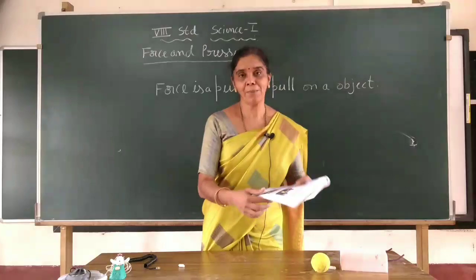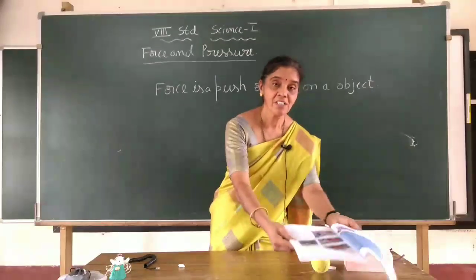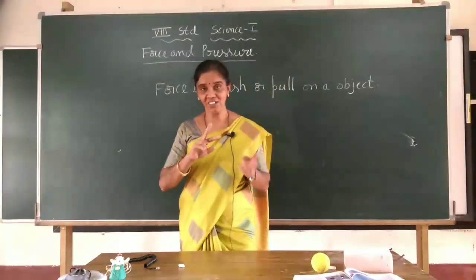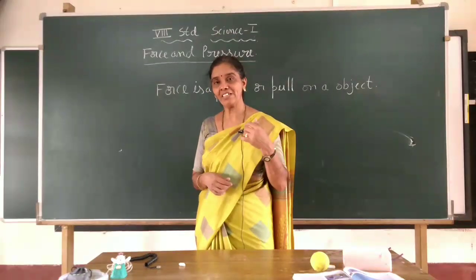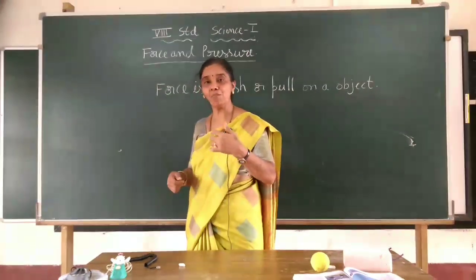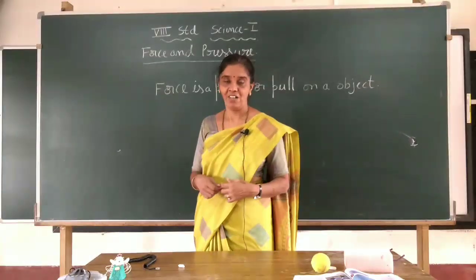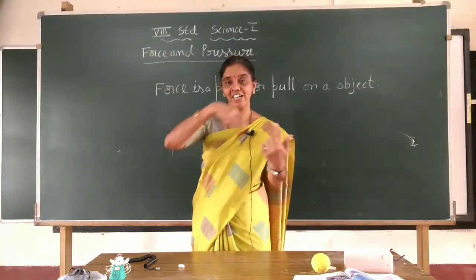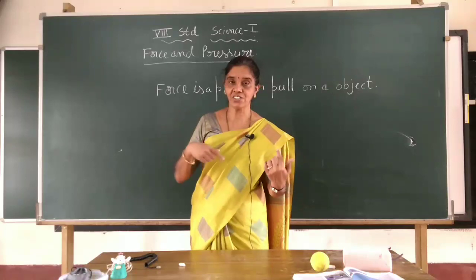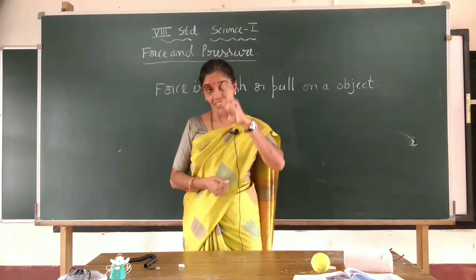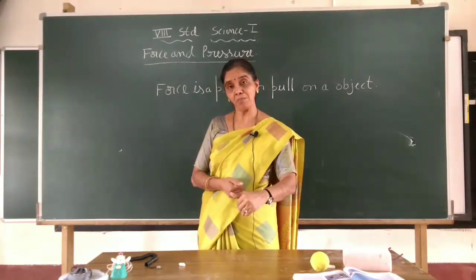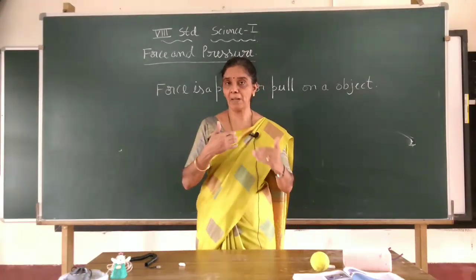In this example, you will observe the two objects interacting with each other and both are applying force. The cow is applying the force, pulling back, and the boy is pulling in front. Or when the two girls hold hands and rotate around each other, both girls are pulling each other. So it is also possible that two objects apply force on each other.